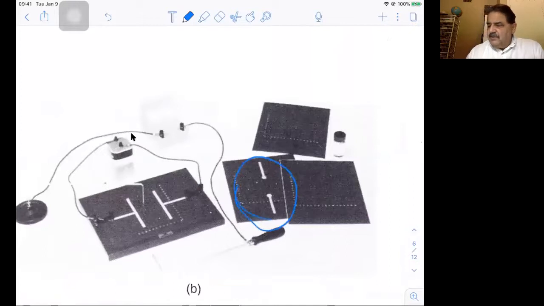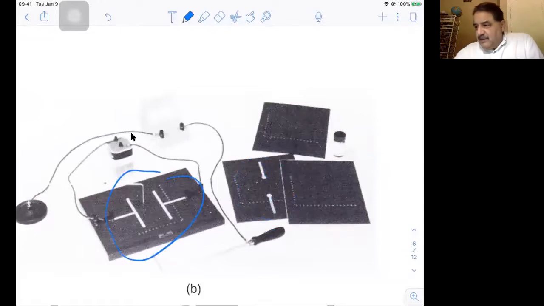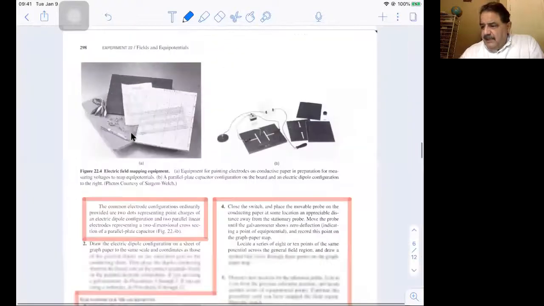That one with just a positive charge and a negative charge. There won't be these lines on it, but we'll simulate it, and then we're going to do a parallel plate capacitor, and we're going to do measurements with it. So that's what we're simulating.